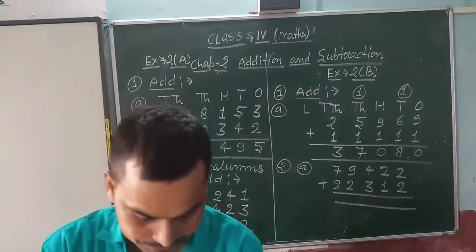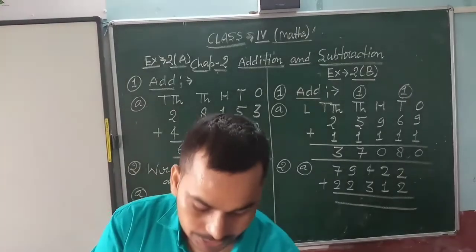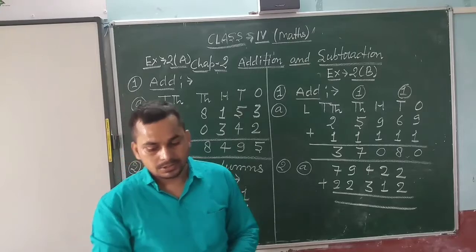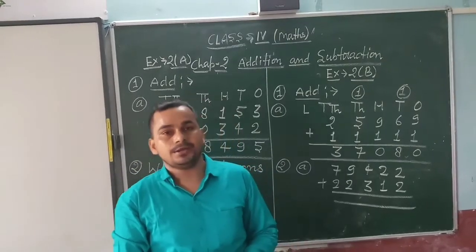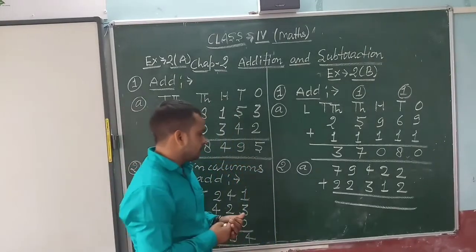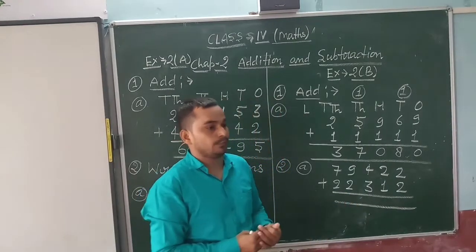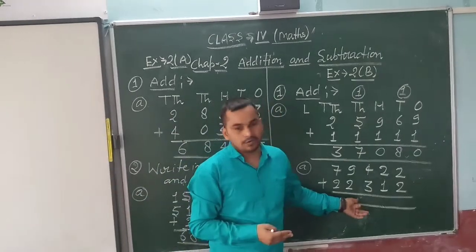Now question number 2. Here arrange in columns and add together. Write the sum obtained in words. In addition, you have to write the answer in the form of words.